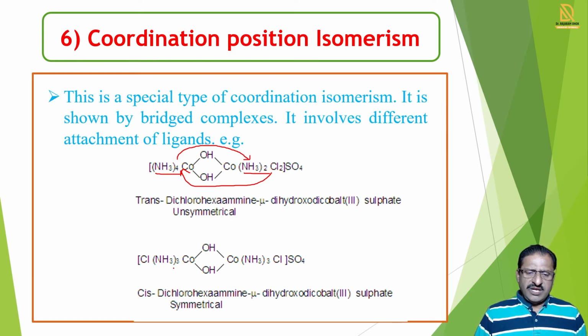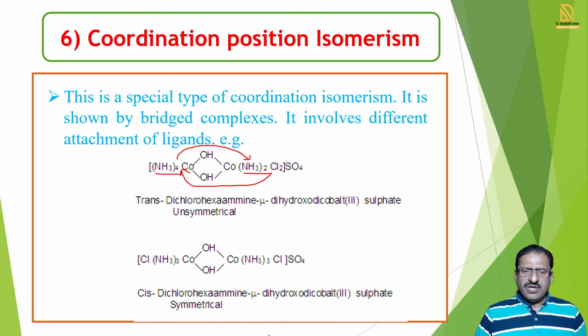[Cl(NH3)3Co(OH)2Co(NH3)3Cl]SO4 is formed, and this complex is cis, because to one cobalt 1 Cl and 3 NH3 are attached, and to the second cobalt 3 NH3 and 1 Cl are attached. So this is the cis structure, and we write its name as cis-dichlorohexaammine-mu-dihydroxodicobalt(III) sulfate.